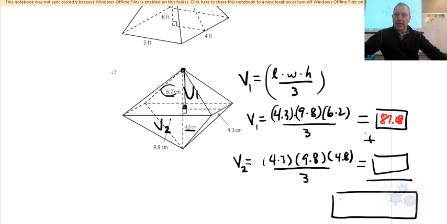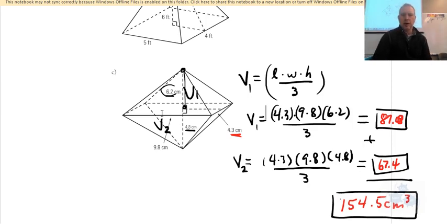I think check that again, because this one should be a little bit less than 87. 67.24. What'd you get there, Jaden? 67.4. That is correct, 67.4. Right, so then we add those two up and we should get about 154.5. Okay? And that's going to be centimeters cubed.